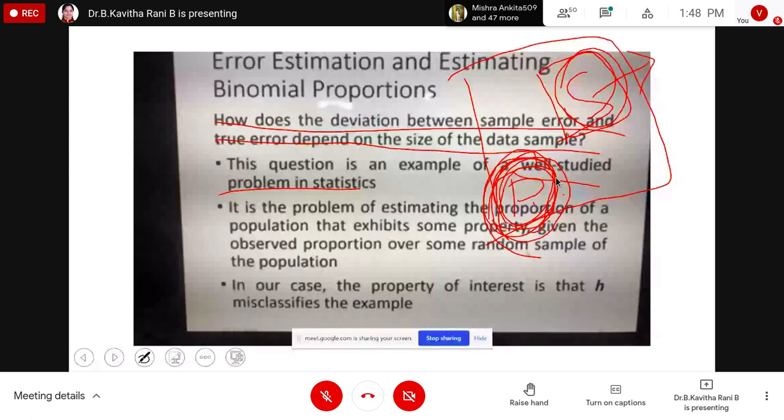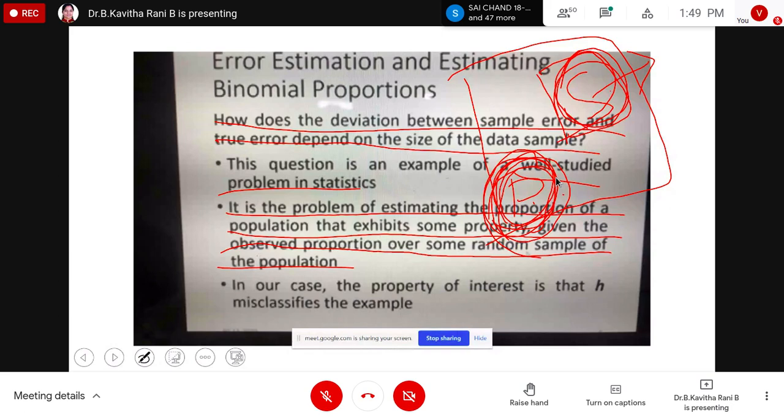Here it is a problem of estimating the proportion of a population that exhibits some property, given the observed proportion over some random sample of the population. If we take a random sample from the data, whether it gives a good result, and whether it can also give a good result with the large data, this we are going to observe.